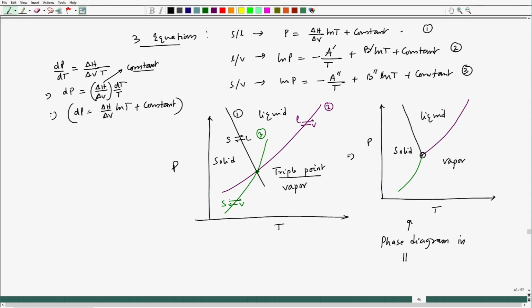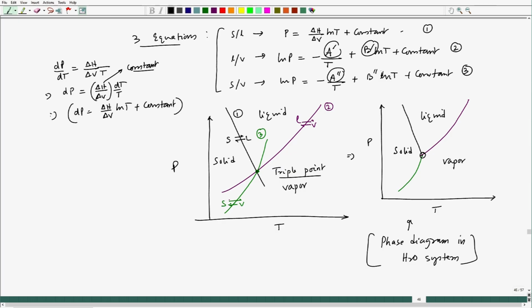So, this is nothing but the phase diagram in the water system. In order to do that, we have taken these three equations, and this A prime and B prime should be calculated for the liquid vapor transformation from enthalpy change as well as del Cp change.